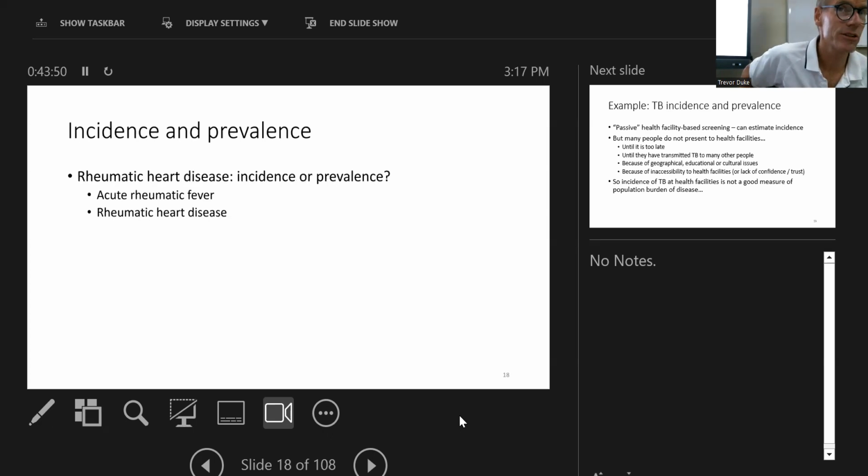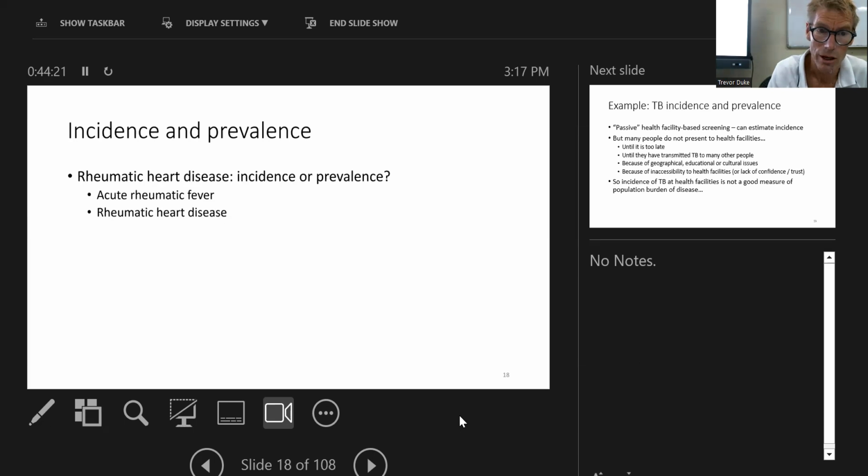Because acute rheumatic fever is something you get and then you get better from. Afterwards, you might have rheumatic heart disease. So if you're talking about a metric to measure acute rheumatic fever, you talk about the incidence of acute rheumatic fever. If you're talking about a metric to measure rheumatic heart disease, it would be better to talk about the prevalence of rheumatic heart disease in the community, right? Okay, right. I think it's obvious to you.